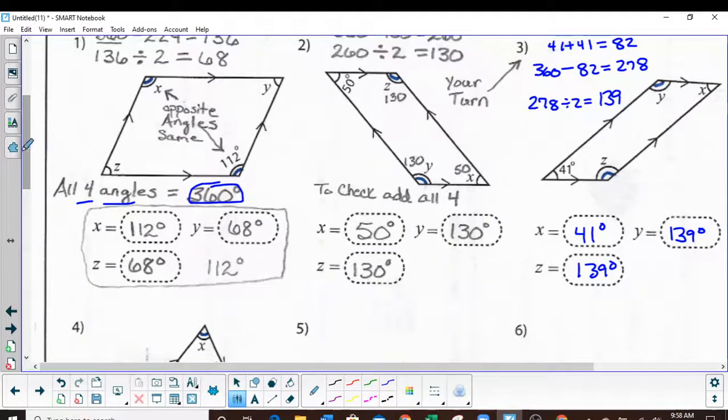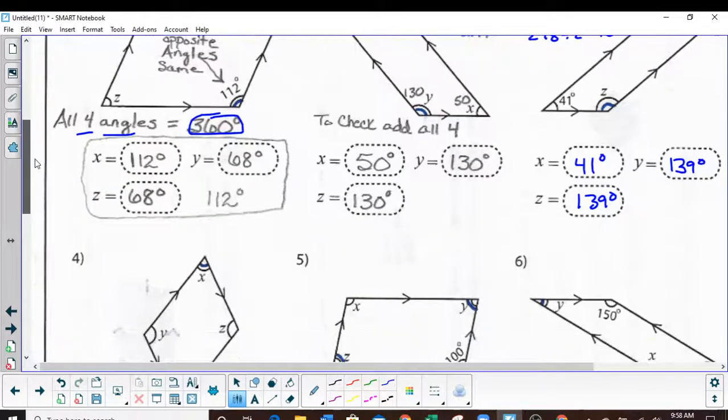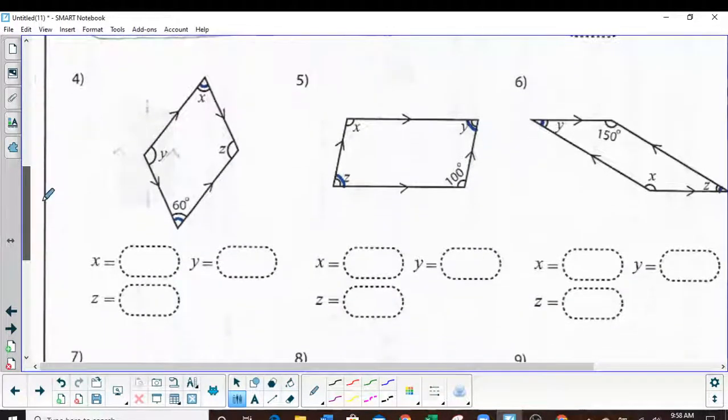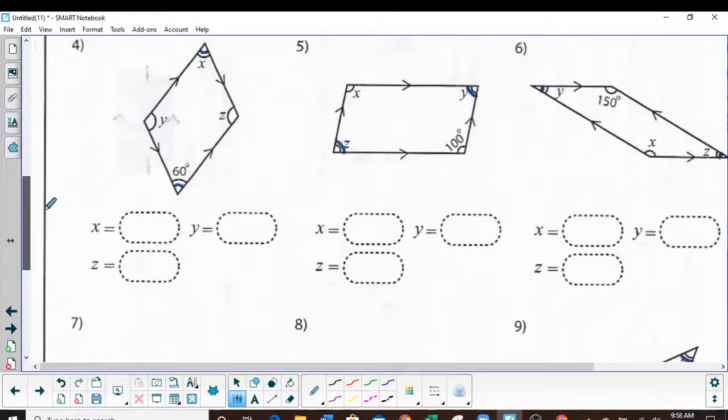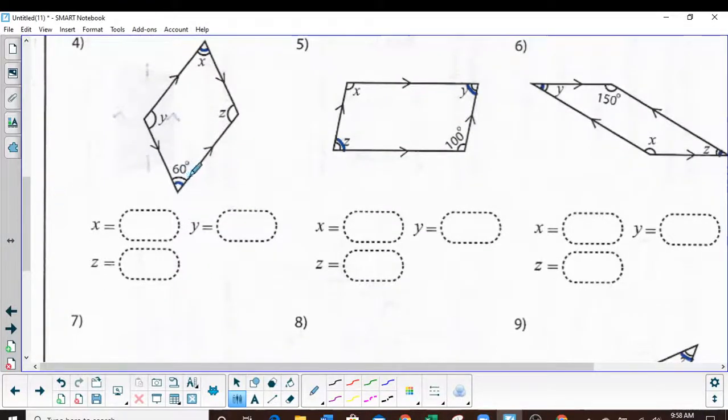I'll try to get through these really quick so I'm not holding you up for a long period of time. Let's jump into 4. It gives us an angle of 60 degrees. The opposite of that is x, so we know x is 60 degrees. Again, we got 2 angles. 60 plus 60 is going to equal 120. 360 is my quadrilaterals.